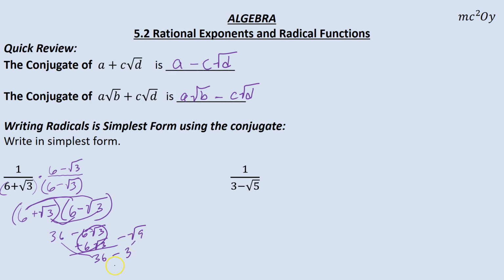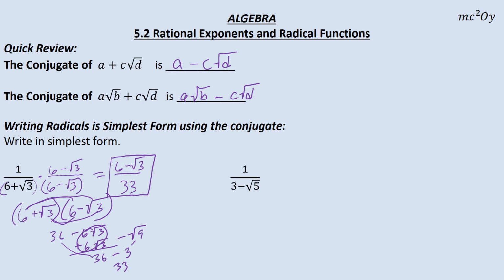Square root of 9 is 3, which gives 33. So my denominator now becomes 33. My numerator is 1 times 6 minus root 3, or just 6 minus root 3. So I'm okay now. I have a whole number in the denominator, I don't have any fractions under my radicand, and there's not a perfect square that goes into 3. So I'm good to go.